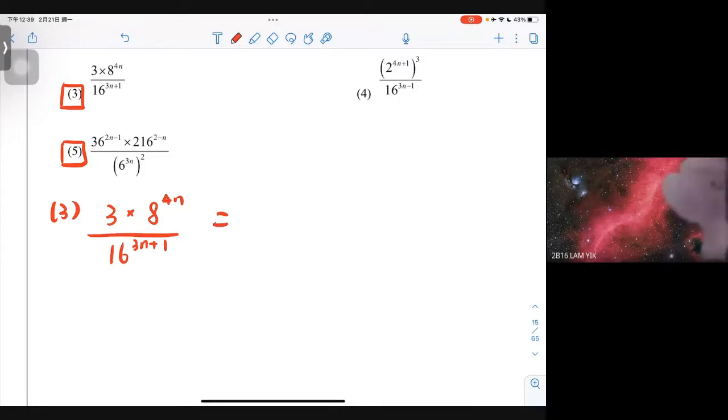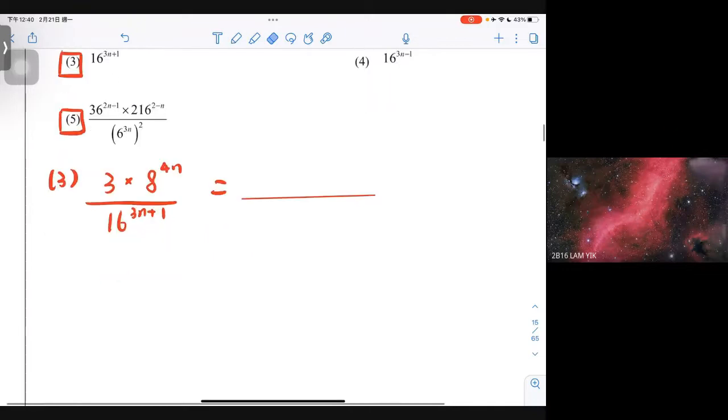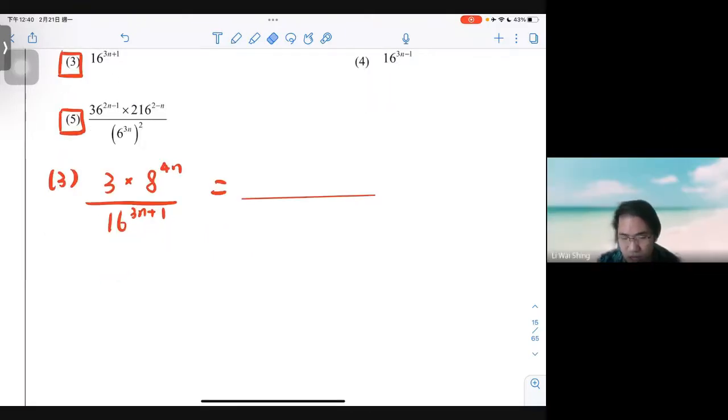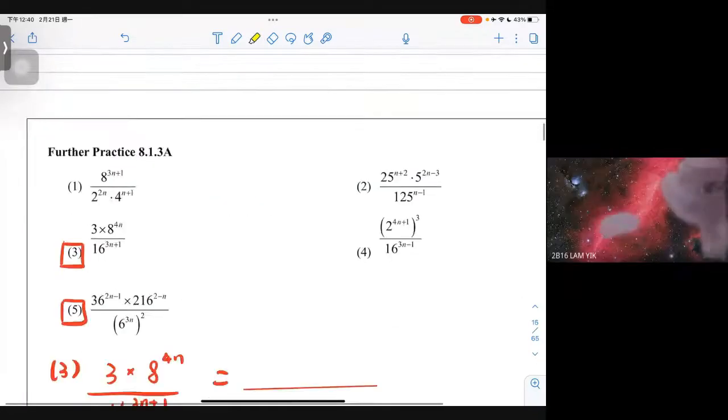To the other side, 3 equals 4, that's the 3. What are you talking about? Tell me the numerator first.